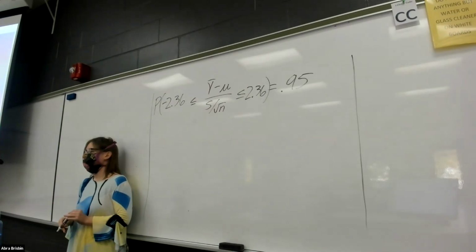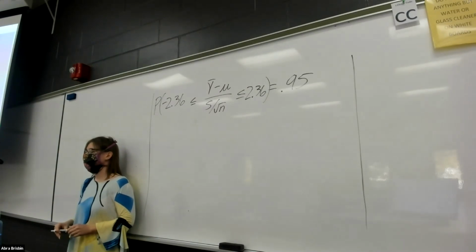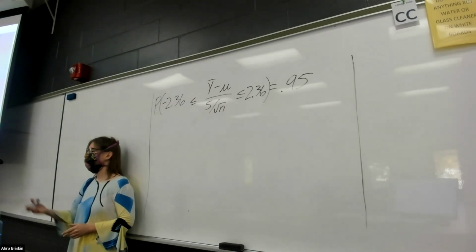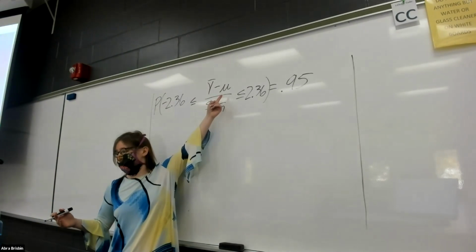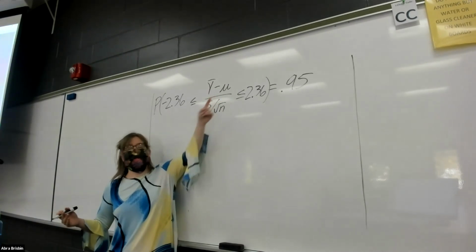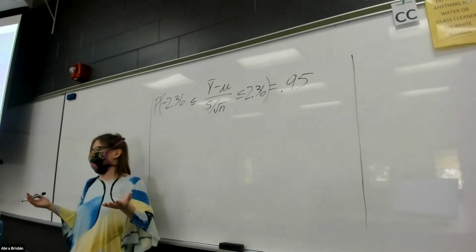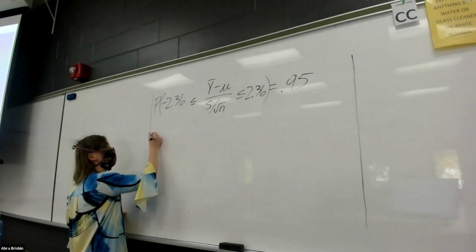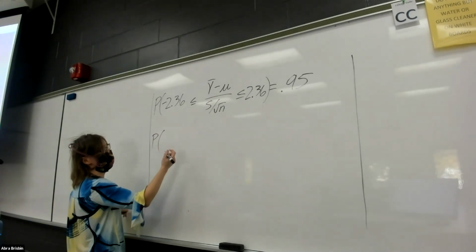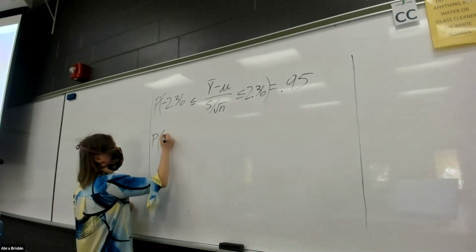What's our next step? Solve for mu. We want to get mu by itself in the middle of this inequality because mu is the thing we're trying to find the confidence interval for. So we can multiply everything by s over the square root of n.